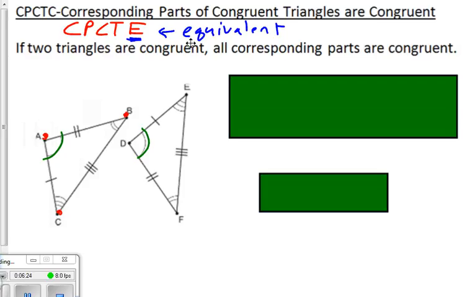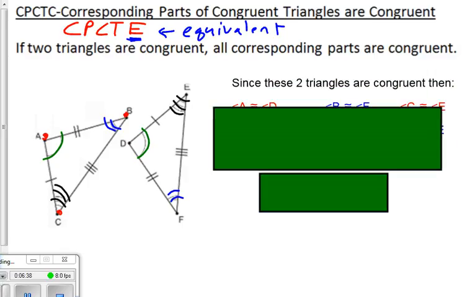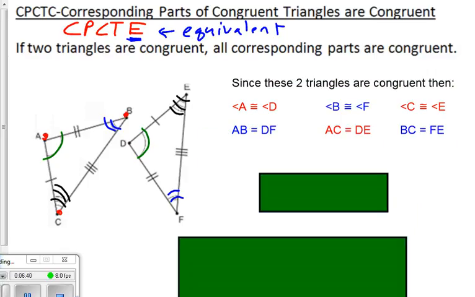So those angles are going to be equivalent to each other, or congruent. This one has 2, this one has 2. So those two are equivalent to each other. This one has 3, this one has 3. Okay, so looking at all of our pieces, once we know that these two triangles are congruent to each other, we can say these 6 things.